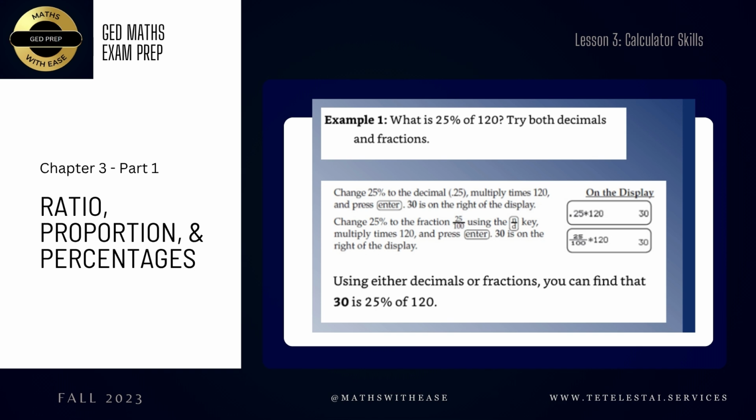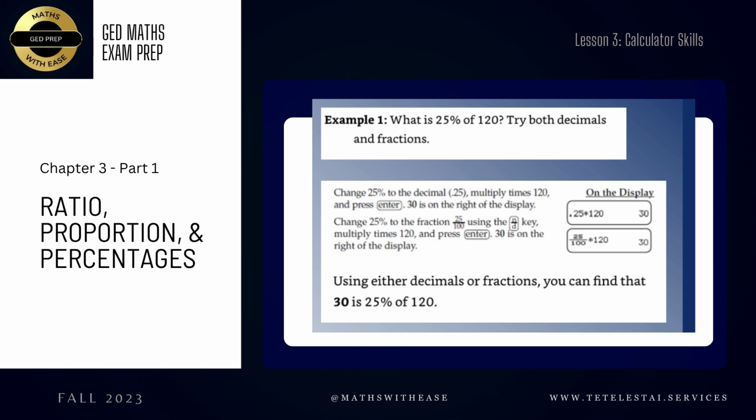To change 25% to its decimal equivalent, 0.25, you simply multiply 120 by 0.25, and then you press enter.